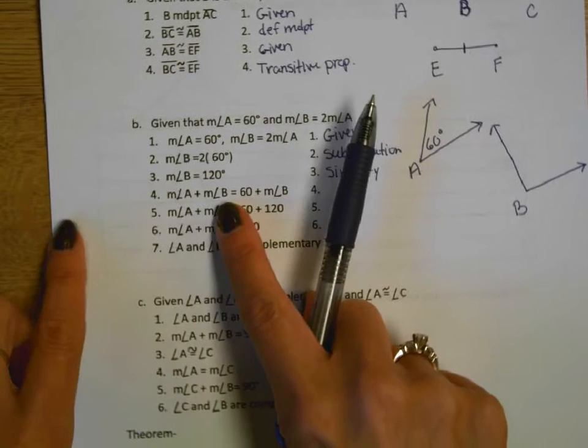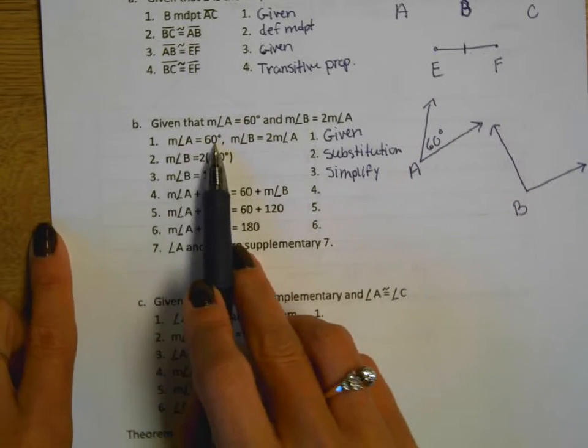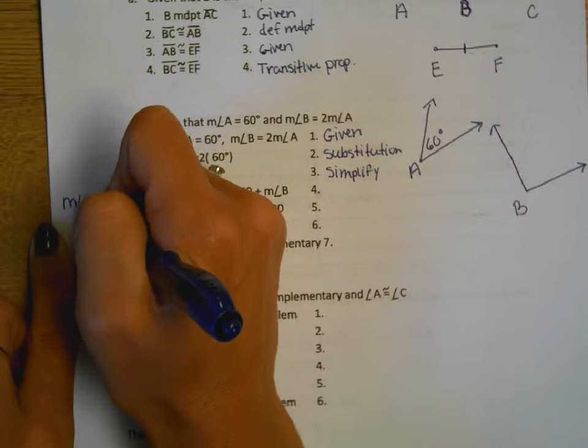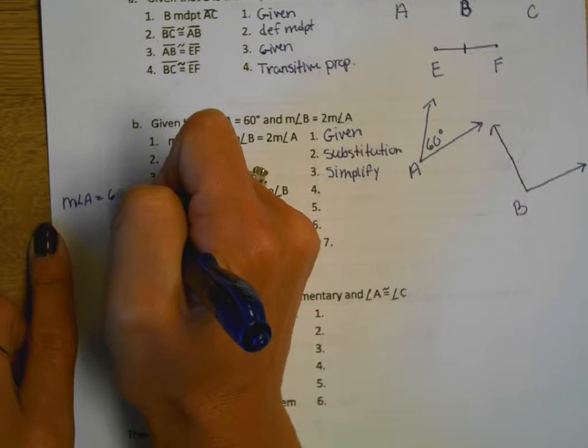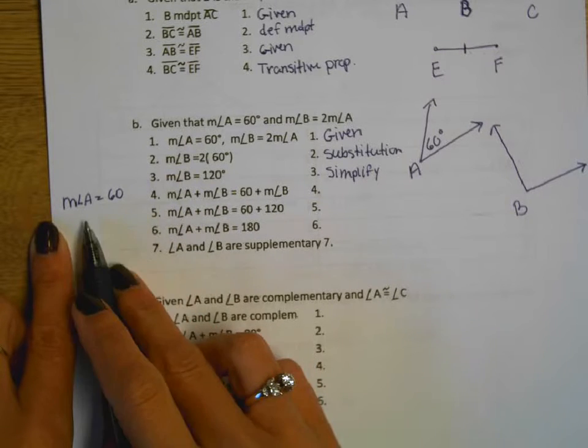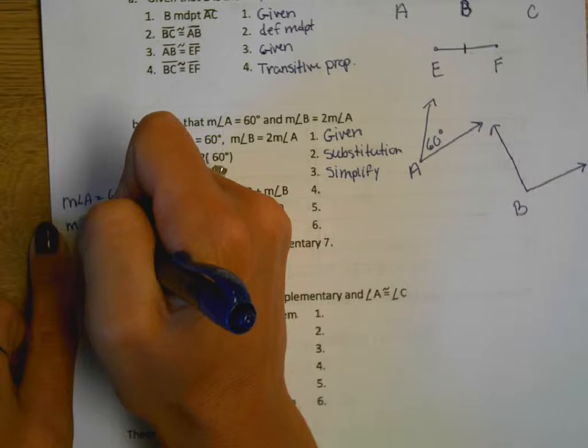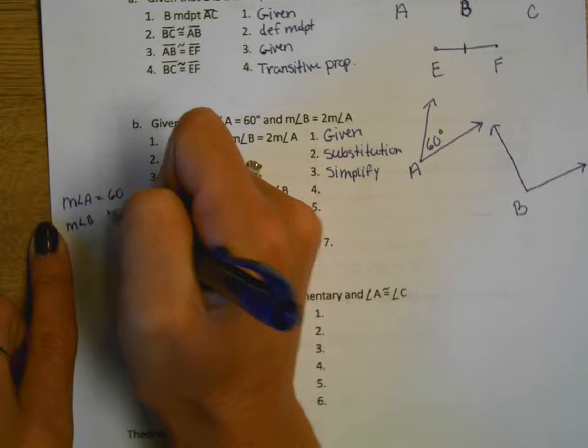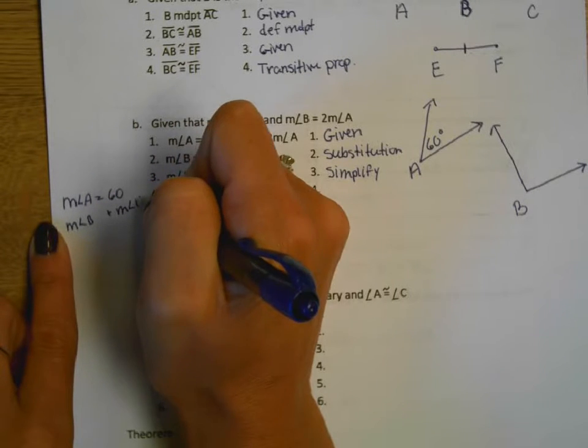I'm going to write over to the side here where it's coming from. You agree we had the measure of A equals 60. You agree I can add the same thing to both sides of this equation? So I can add the measure of angle B to this side and add the measure of angle B to this side?